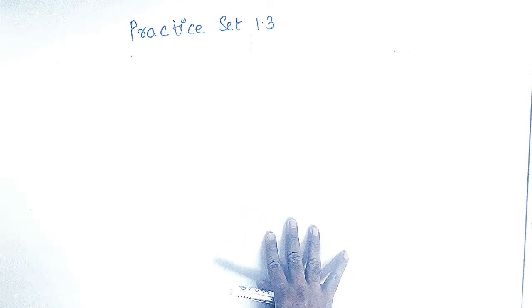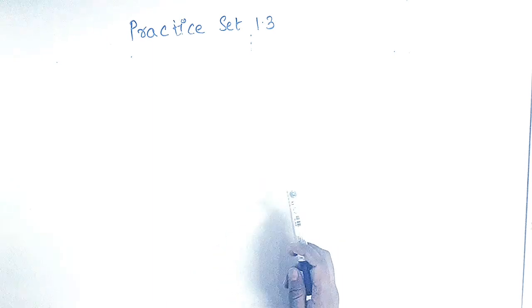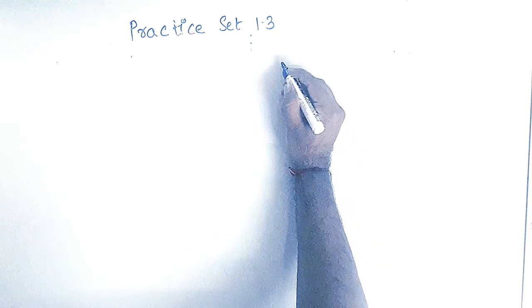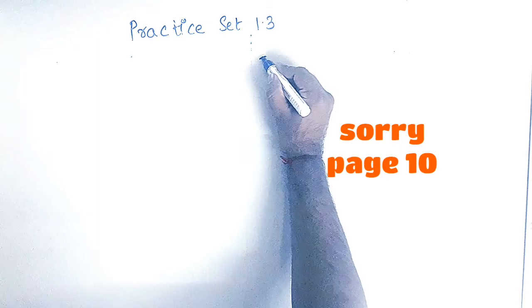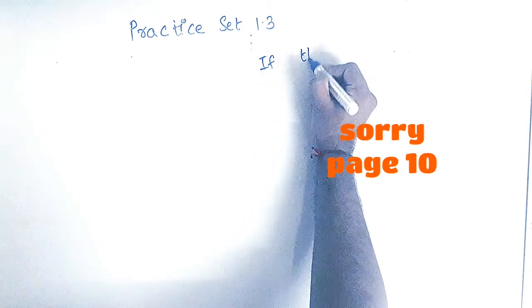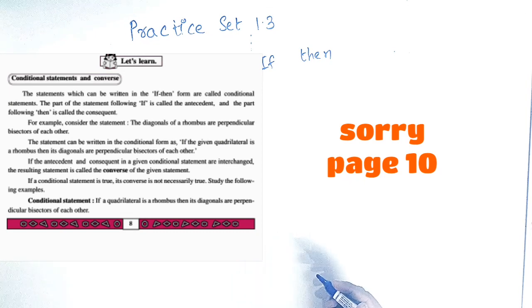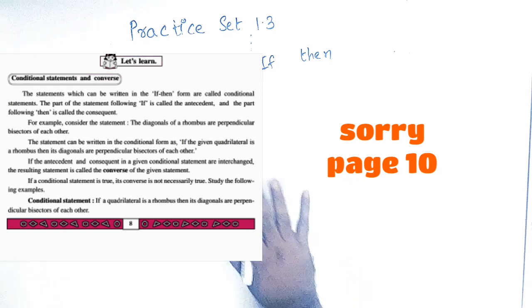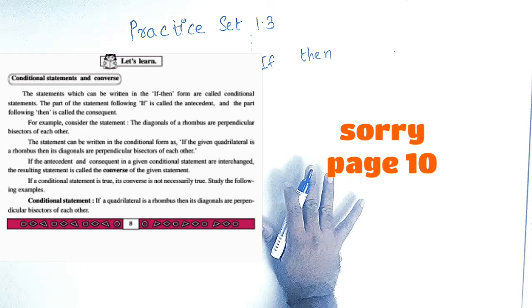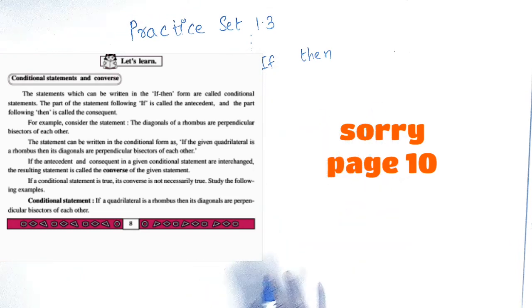Before we start 1.3, let us move on to page number 17 of your textbook, which explains conditional statements, or I can call them the if-then statements. If-then form statements are called conditional statements.